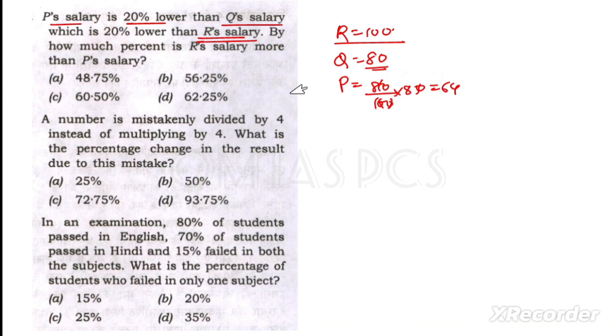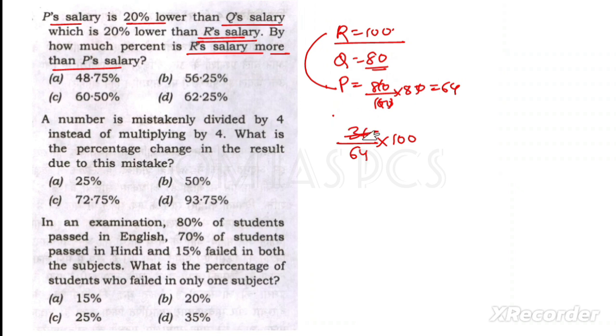And when you find the percentage by which R salary is more than P salary, what is the difference for P and R? It will be 36. And we have to compare with respect to 64. So here it is 36 by 64 multiplied by 100.